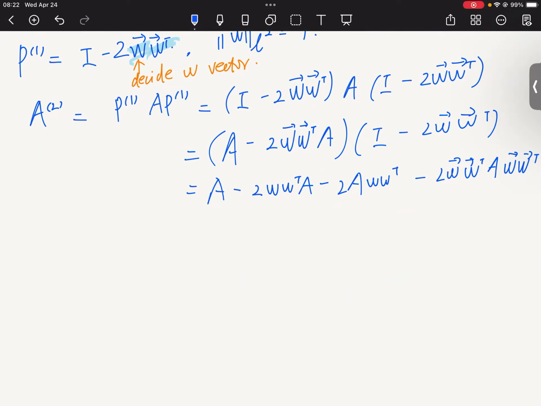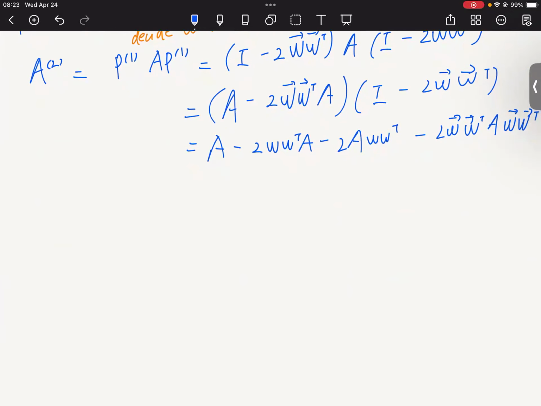Let me see. So the P2 here, we are going to compute P2, P1, and I think the page number is wrong. Let me see. Yes, it makes sense. I got the wrong page number, sorry.